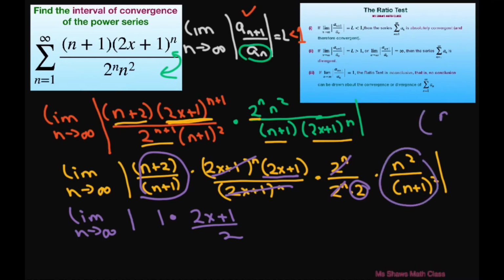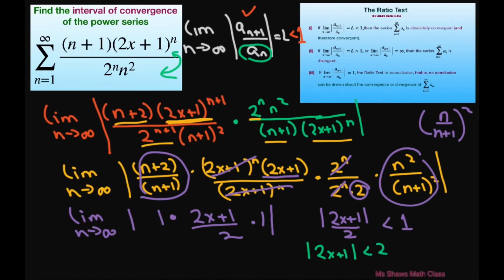This is just n divided by n plus 1 squared, so you'll get 1 squared, which is 1. So basically, our limit is absolute value of 2x plus 1 divided by 2. Now we're going to force this to be less than 1. If you cross multiply, you're going to get absolute value of 2x plus 1 is less than 2.